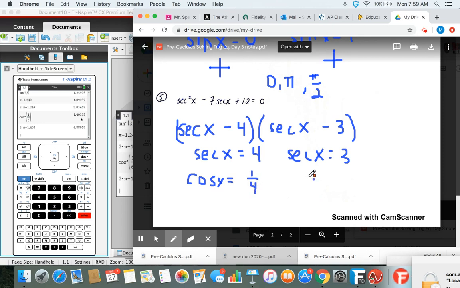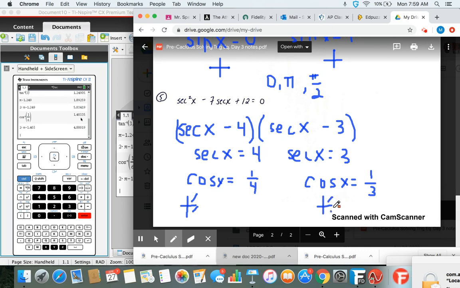And then same with 1/3. Since they're both positive, our answers for both values, 1/4 and 1/3, will ultimately be in the first and the fourth quadrant, the 2 quadrants where x, or where cosine, is positive.